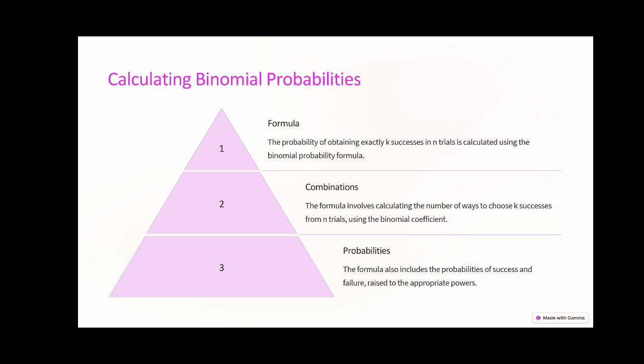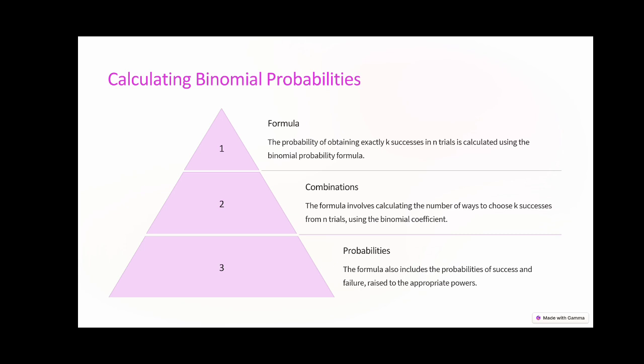raised to k. What is p? P is the probability of success. In case of tossing a coin, it is 1 by 2. What is k? K is the number of successes we need to get.